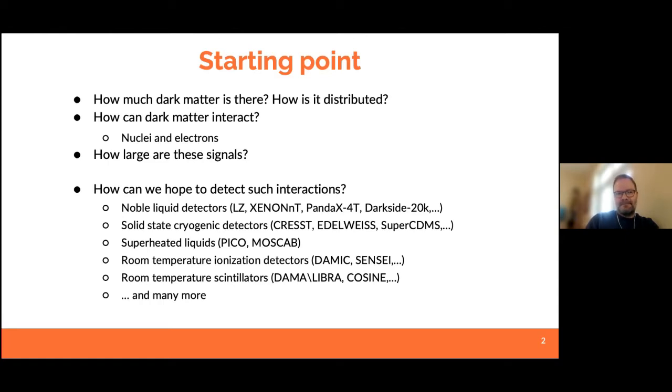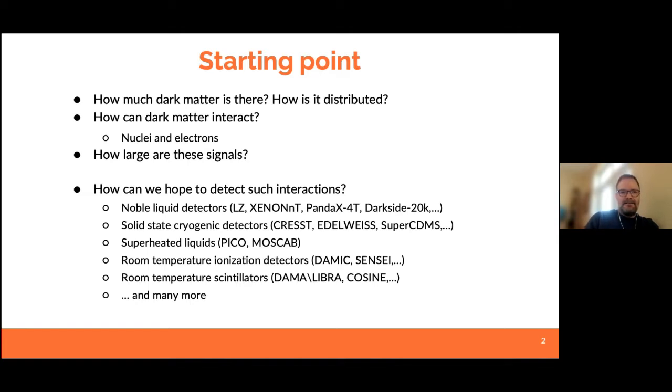And then again, depending on the nature of dark matter is how large these signals are and how we can detect them. And here I just have an incomplete list of the most popular ways of going about looking for dark matter interactions in some detectors.